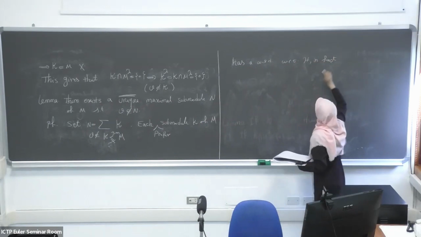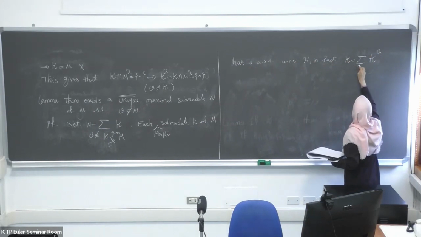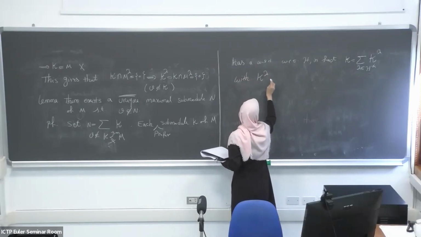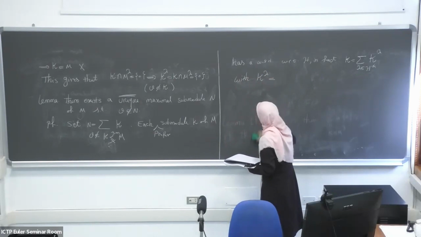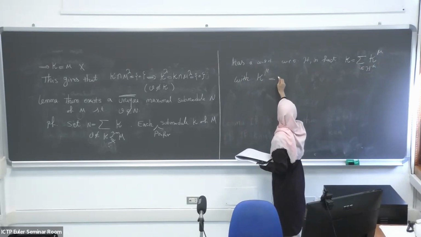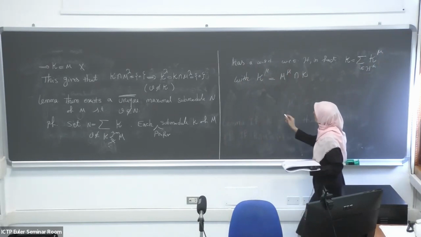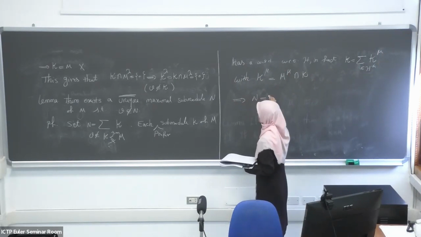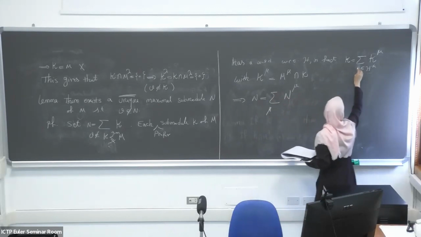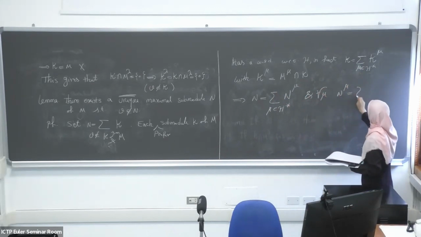In fact, K is the summation of K lambda, lambda an element of H star, with K mu just M mu intersection K. Okay, so N is the summation of N mu when mu is an element of H star, and for each mu, N mu is just the summation of K mu.